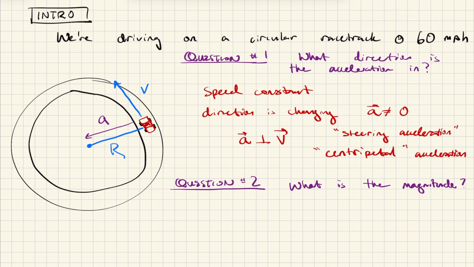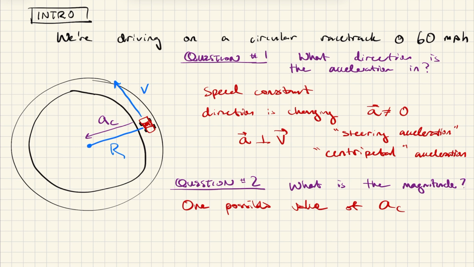If I want to drive on this specific racetrack at 60 miles an hour, there is one single angle that I can turn the steering wheel in order to stay on the track. If I pick the wrong angle, eventually I'll drive off the road. And so that means there's only one possible value of a, and we'll call it a_c for centripetal acceleration.